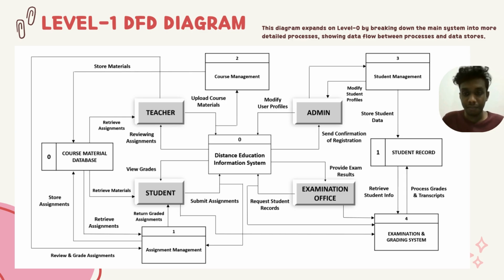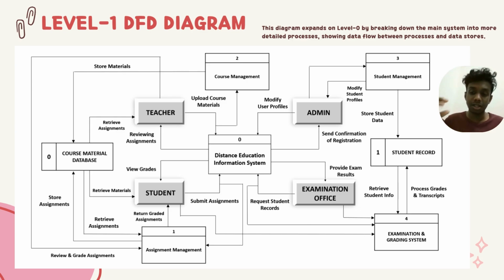So this diagram expands on level 0. As I said, the context diagram expands to the two stored data given, and it creates a new type of diagram, that is the level 1 diagram, breaking down the main system into more detailed processes, showing data flow between process and data store.